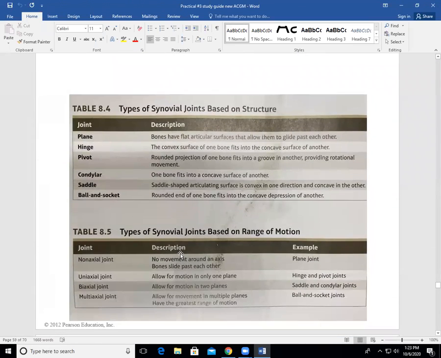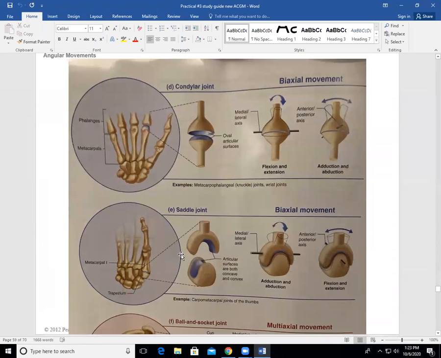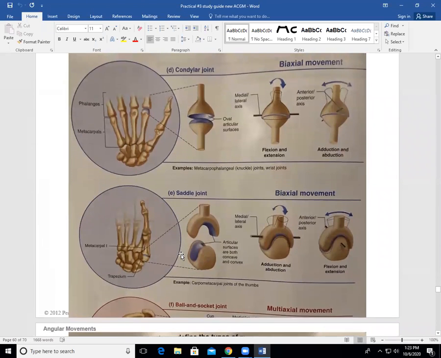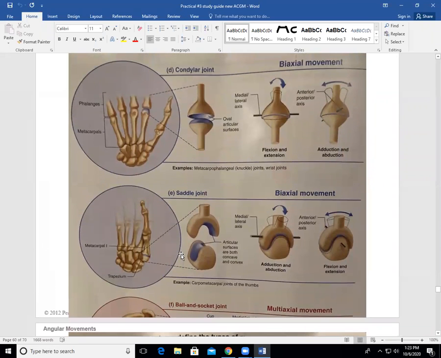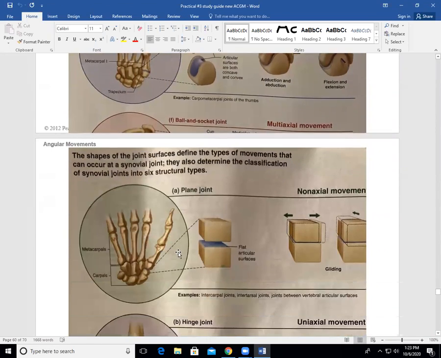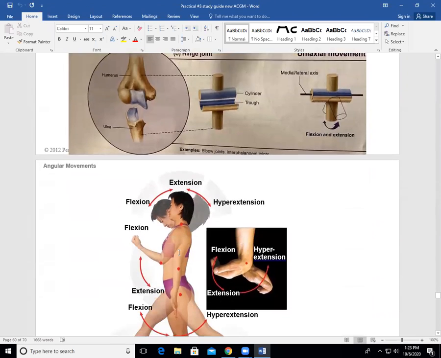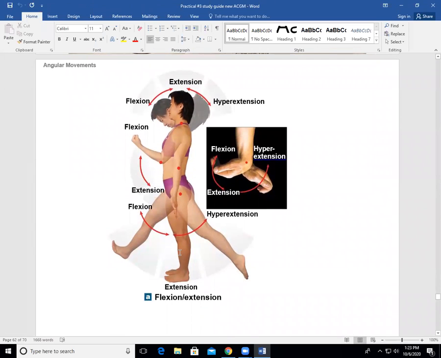All right, and this just gives you more information about that. It's in your lab manual. Again, the condyloid joints are biaxial, so you can do flexion and extension or adduction, which we'll get into in a minute. Extension is moving your head back toward anatomical position.